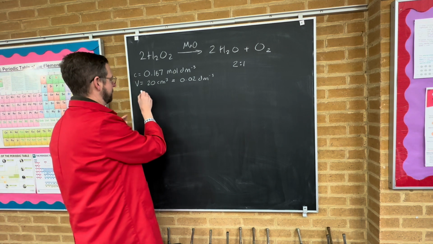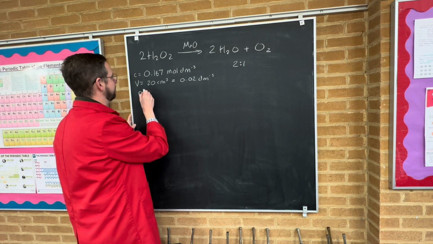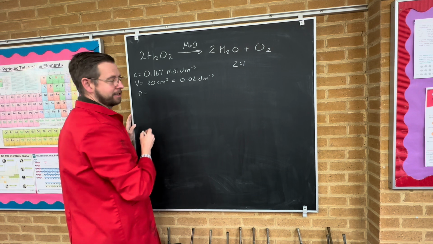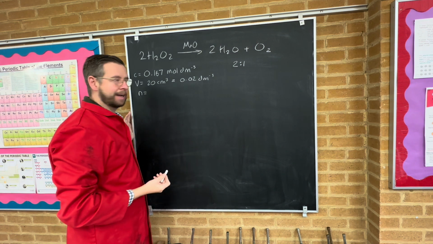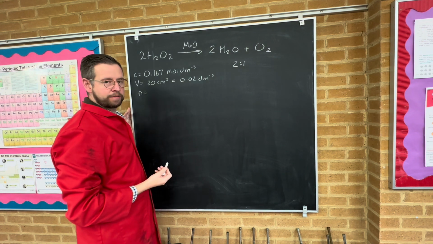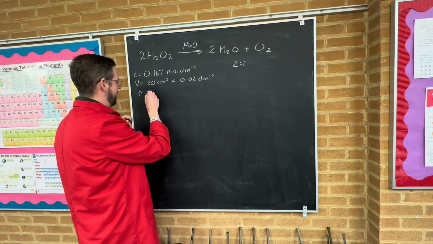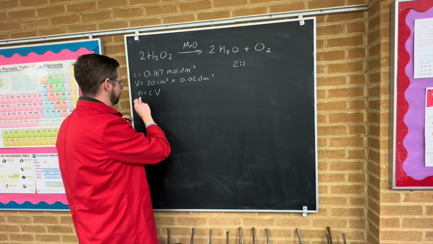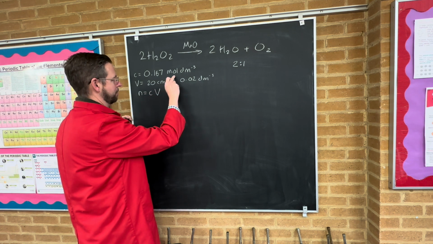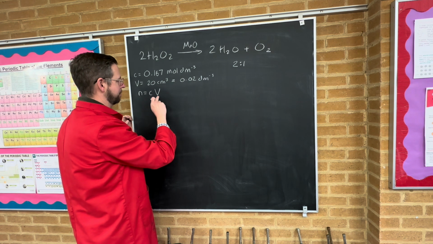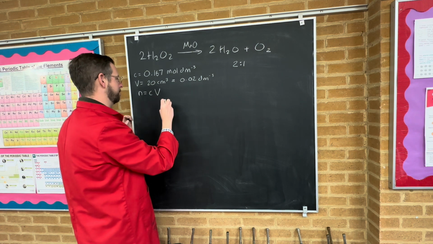The reason I'm going to do that is I want to find out how many moles of H2O2 I've got in my conical flask. So n equals CV: the number of moles is the concentration in moles per decimeter cubed, times the volume in decimeters cubed.